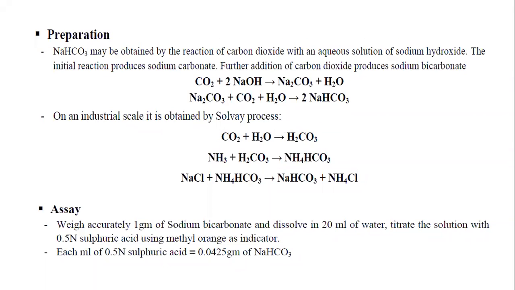So in the second reaction, ammonia reacts with hydrogen carbonate to give ammonium bicarbonate. This ammonium bicarbonate reacts with NaCl. Now NaCl is also called brine. This reacts with your NaCl to give you your sodium bicarbonate along with a byproduct, that is your ammonium chloride. So this is the method of preparation of your sodium bicarbonate.